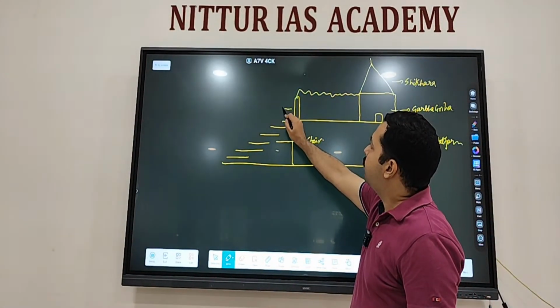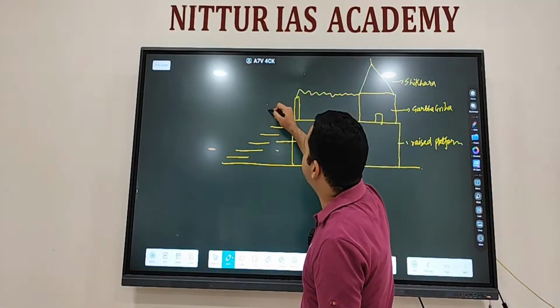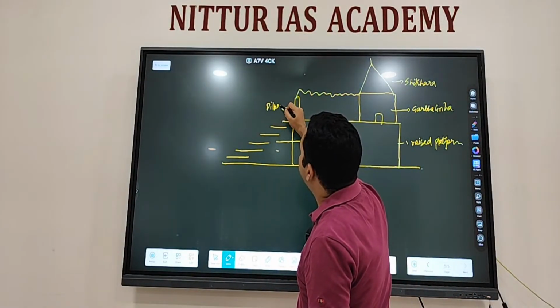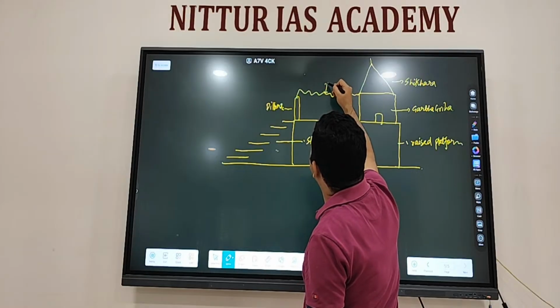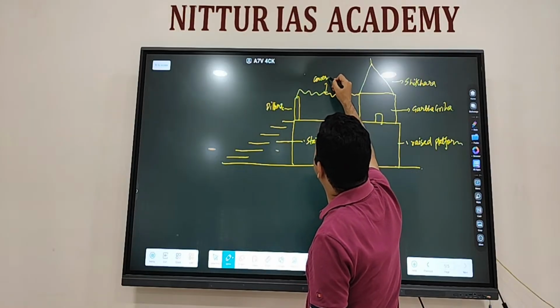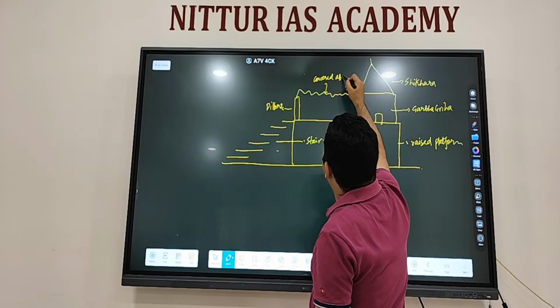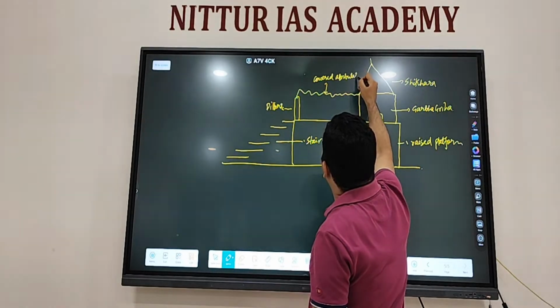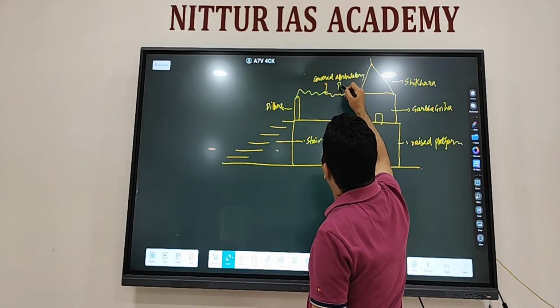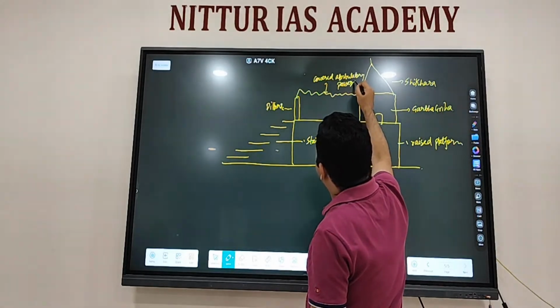Now these are pillars. This is the covered ambulatory passage. These are the major features.